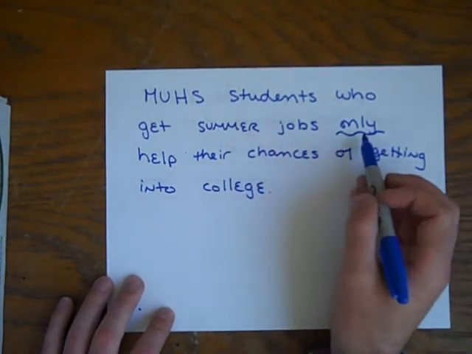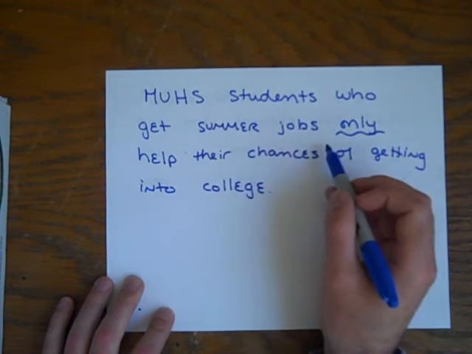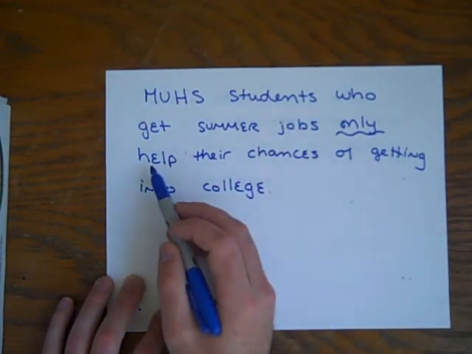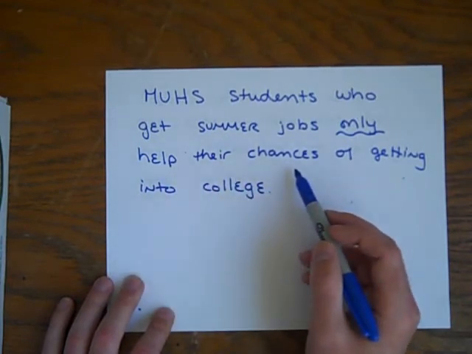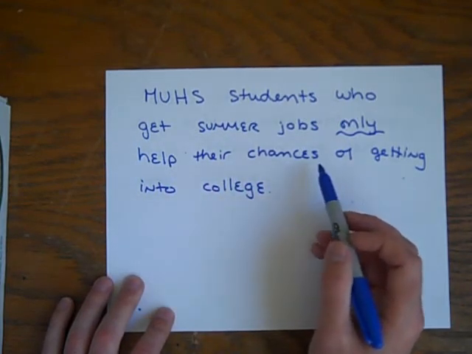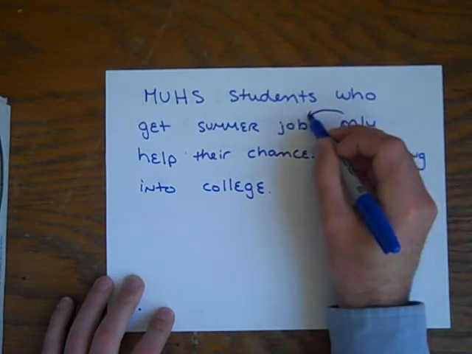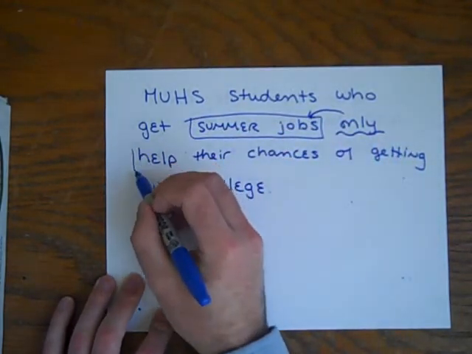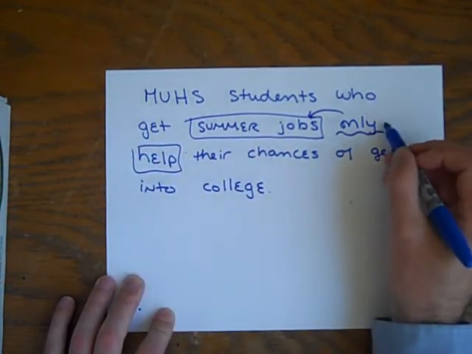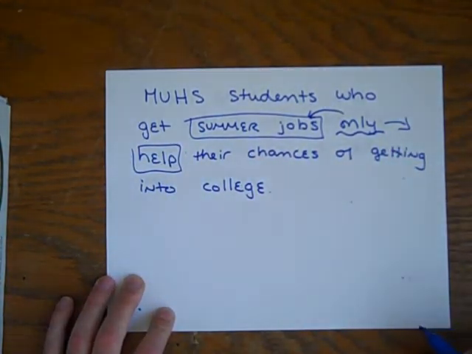So summer jobs is the thing that's being modified. Or it could modify help. It only helps their chances. And you can't tell whether you mean this to modify summer jobs or whether you mean this to modify help. So it's an example of a squinting modifier.